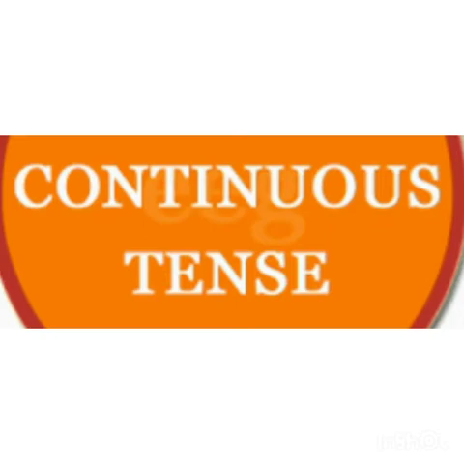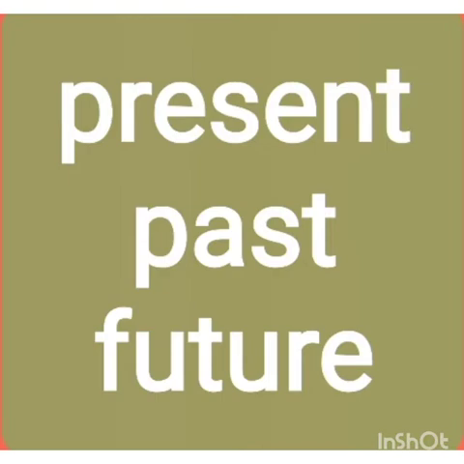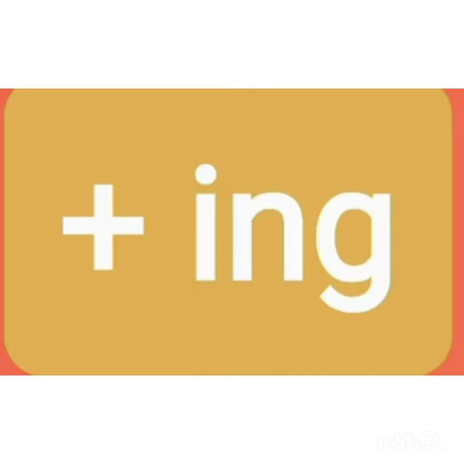First and foremost, we must remember that in the continuous tense, we make use of the verb to be, depending upon the tense of the sentence. And we also add ing to the given verb.